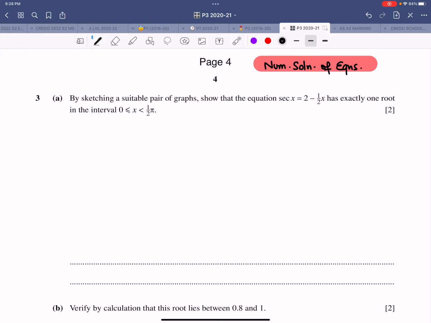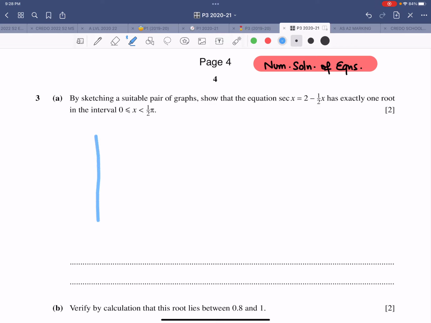So let me just get something so that I can comfortably place my iPad on it. And I think this is better than before. Okay, so now we are starting with this. First of all, we need to show sec x equals 2 minus half x.